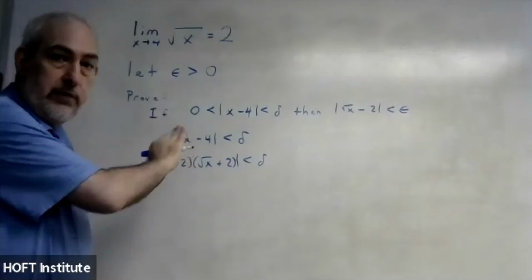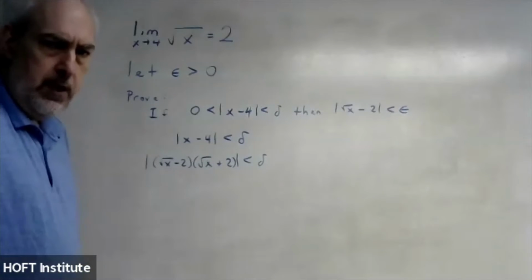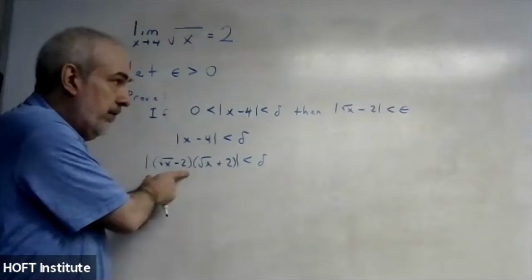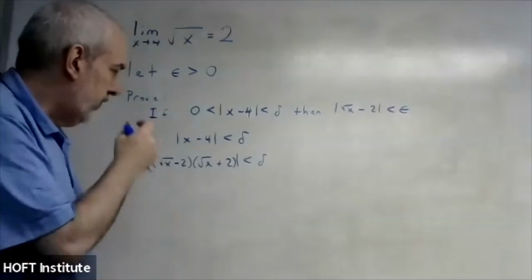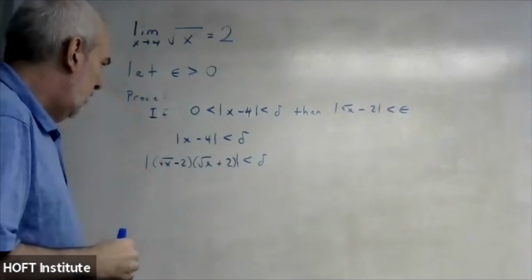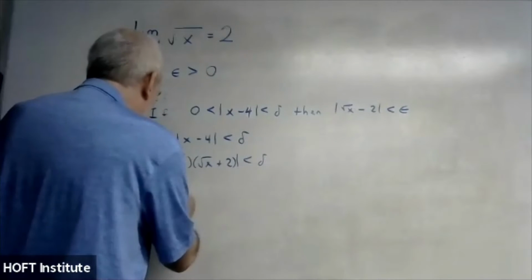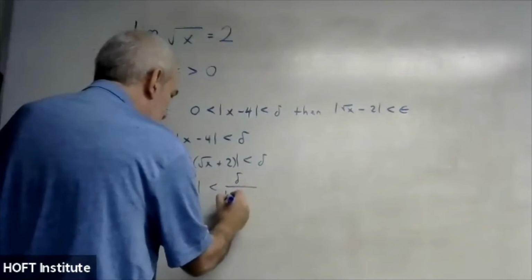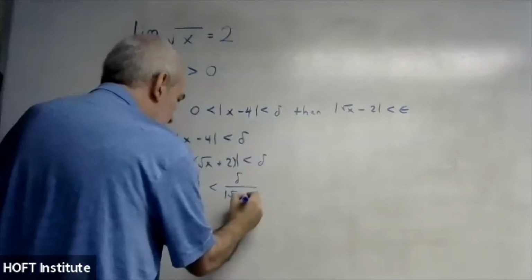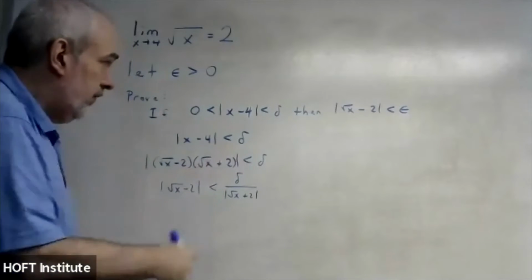So if this first statement is true, then this statement is true. I'm trying to get this pattern, square root of x minus 2, so I want to get rid of this square root of x plus 2. Let me just do it and explain what's wrong with this. If I just divide by the absolute value of square root of x plus 2 on both sides, I'd have this.